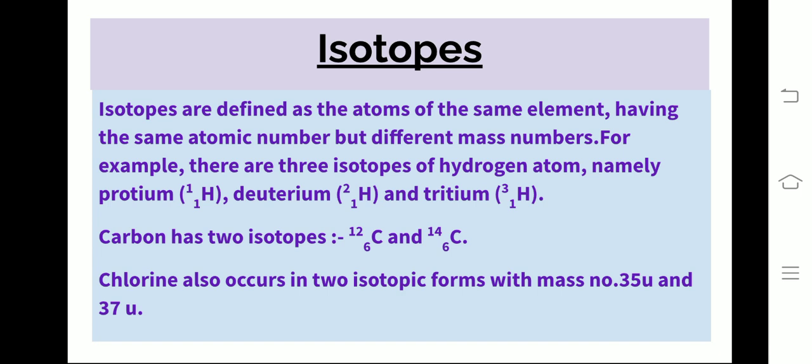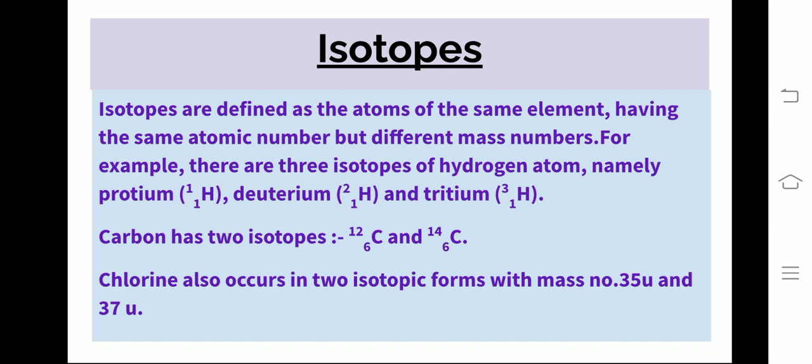Protium is H with atomic number 1 and mass number also 1. In case of deuterium, hydrogen has atomic number 1 but mass number 2. And in case of tritium, the element is hydrogen having atomic number 1 but mass number 3.